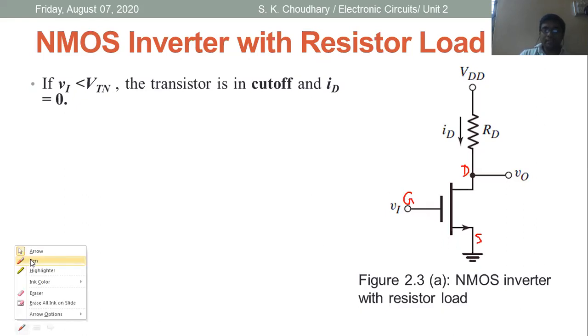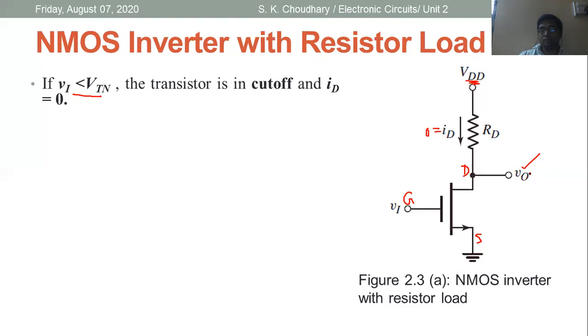If Vi is less than the threshold voltage, your transistor is in the cutoff region, and ID is equal to 0 in this condition. And if ID is 0, there is no voltage drop across this resistor. Then your V0 or VDS is equal to VDD. The whole supply voltage appears at the output terminal.